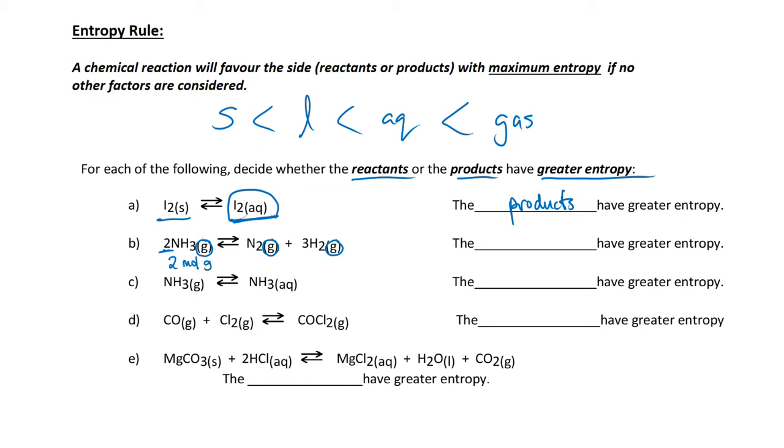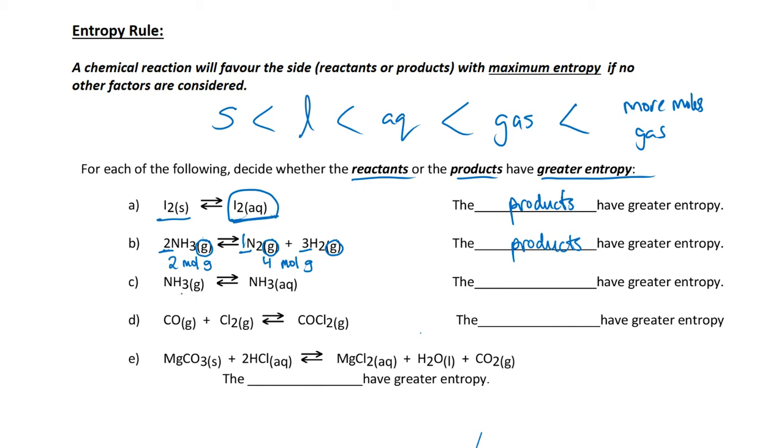On the product side, I've got 1 mole of nitrogen gas and 3 moles of hydrogen gas, so I actually have 4 moles of gas. Here I'm going to compare the amount of gas. That's why on the last slide we said that we can then talk about more moles or more gas. The more gas you have, the more random the arrangement of all those gas particles can be. So in this case, my products again have greater entropy.